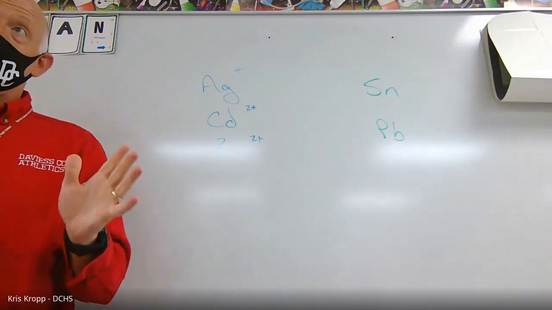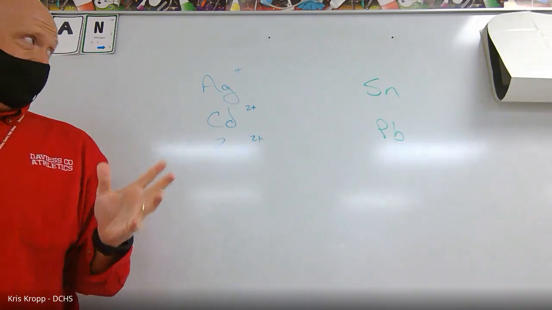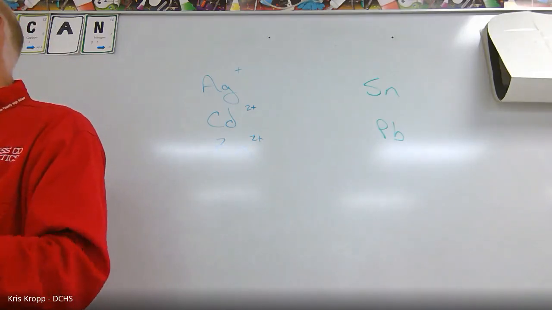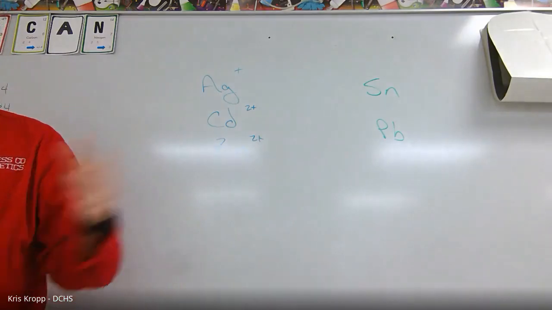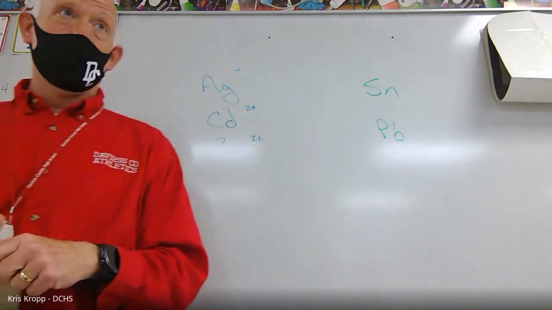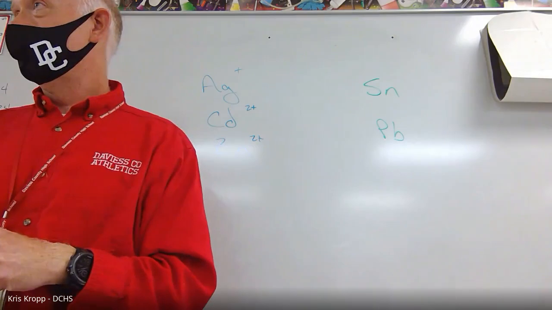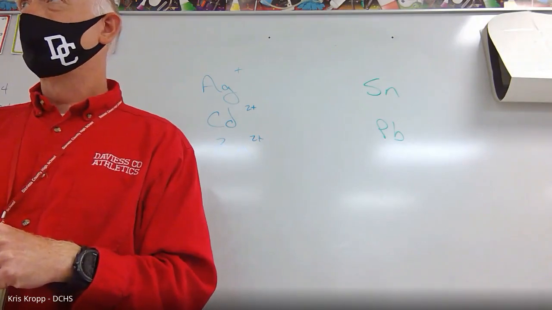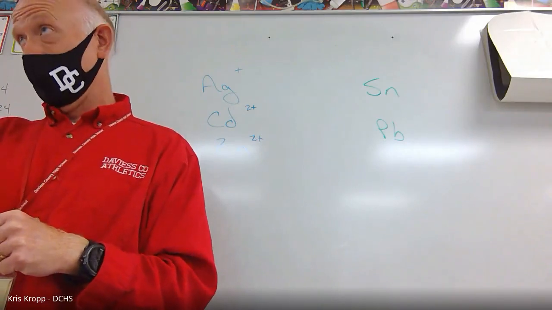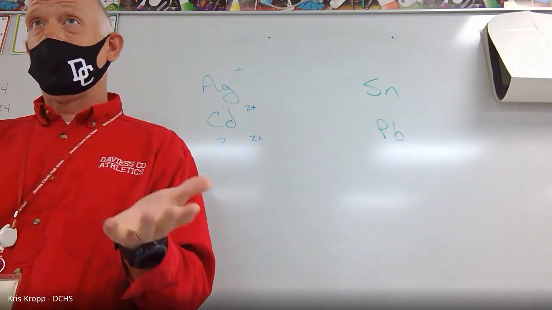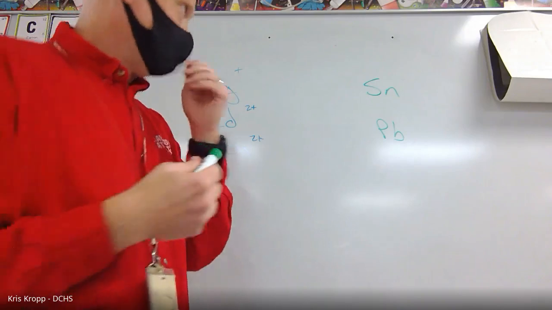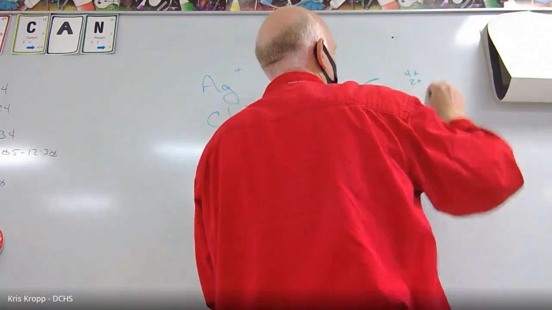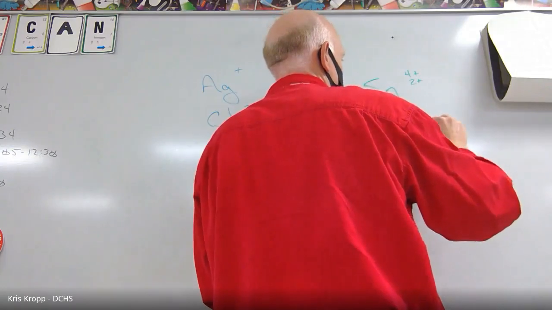But there are 2 elements in the main block that behave like transition metals, meaning they can have multiple charges: tin and lead. Where are they relative to each other? They're on top of each other. Same group, right? So we would expect their behavior to be similar. All right, and tin and lead can both have either a +2 or a +4 charge.